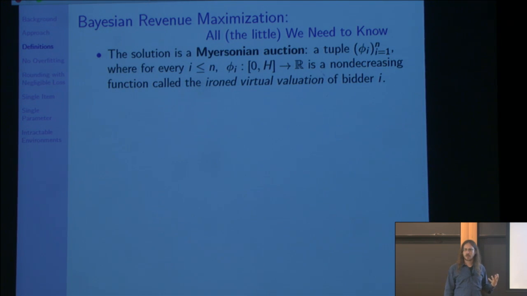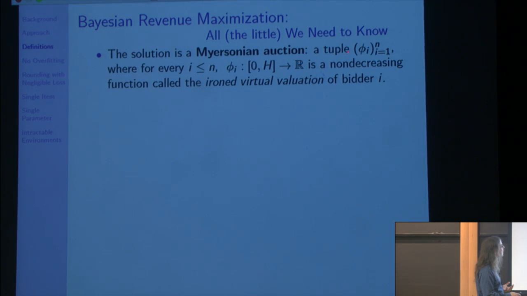That's not a general name, it's a name that we use in our paper. It's represented by an n-tuple of functions. By the way, tuple? Who's a native English speaker here? Tuple. OK, thanks. So it's an n-tuple of non-decreasing functions, one per bidder.